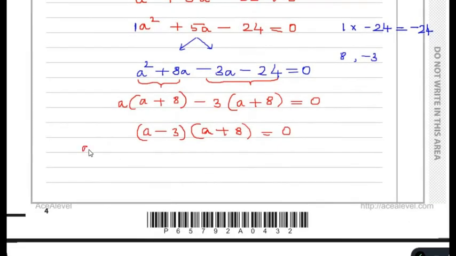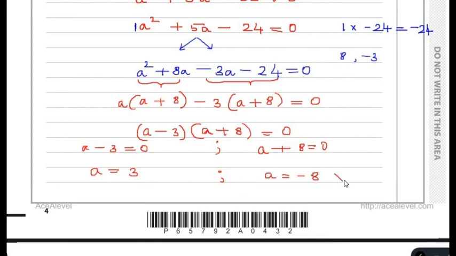So equating each one equal to 0, we get a minus 3 equal to 0 and a plus 8 equal to 0. And here a will be equal to 3 and here a will be equal to negative 8.